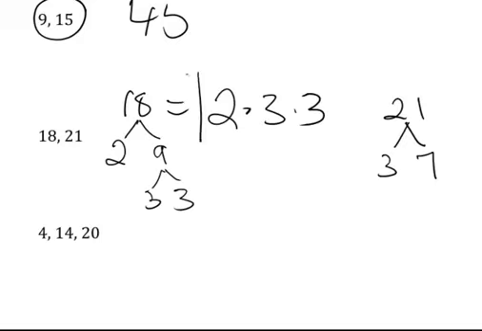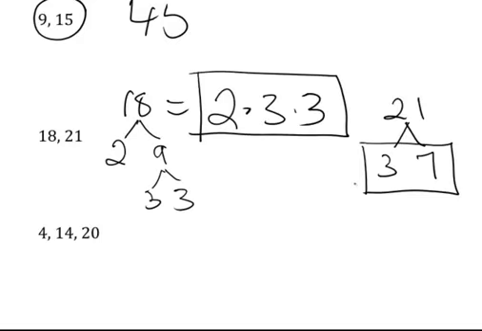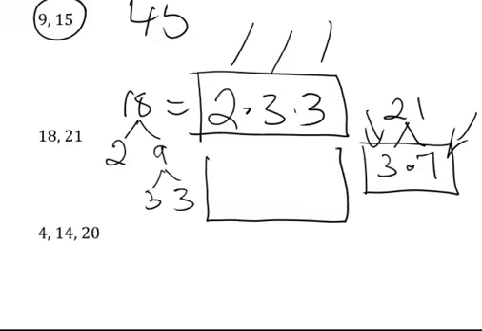So what I'm going to do now is look at these numbers here, and look at these numbers here. Every number that I see in my factored form, this number here and that number there, is going to have to be used. Now the question is, how many 2s do I need, how many 3s do I need, how many 7s do I need? So in this box right here, I'm going to write out my least common multiple.